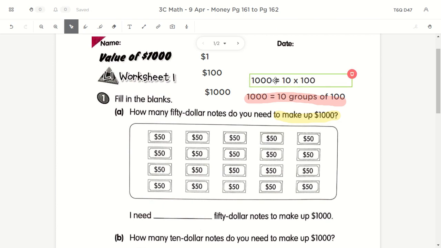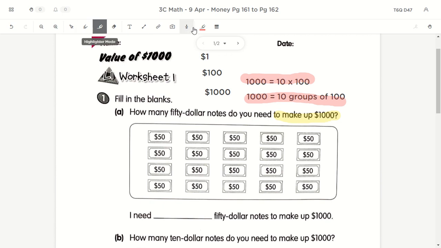Let's spend some time looking at these two first. So if I can find 10 groups of 100, it means I will get 1000. So in this question, let's find 10 groups of hundreds, and that will give me the $1,000 that I need.